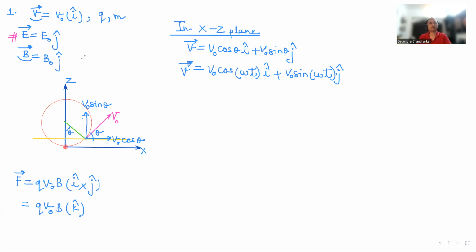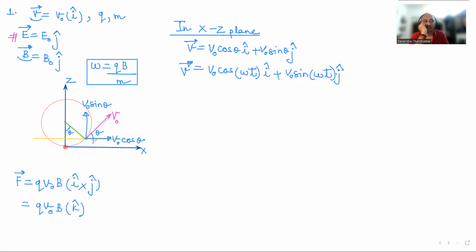ठीक है बच्चों? And what is omega? Omega is qB by m. Sorry. Omega is qB by m. You remember we have done this in the very first lecture. याद है?